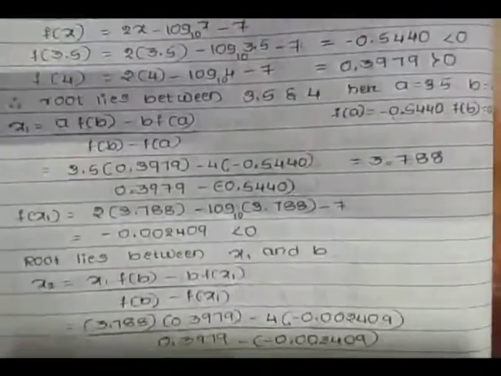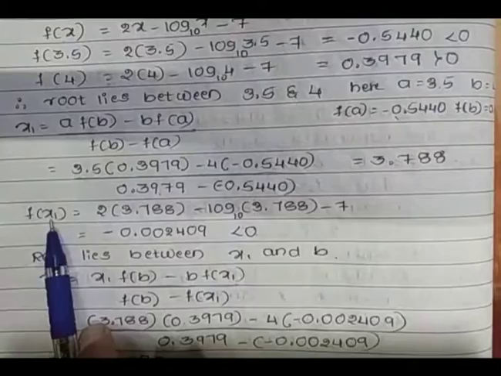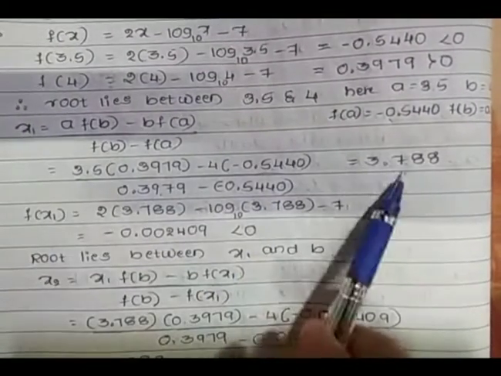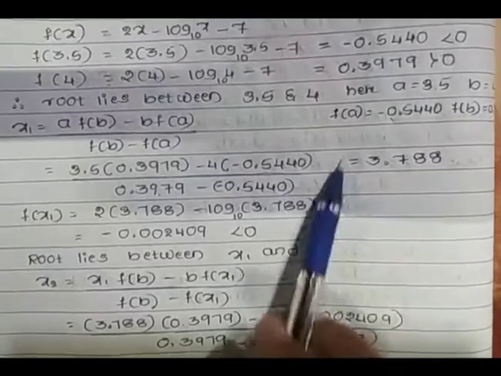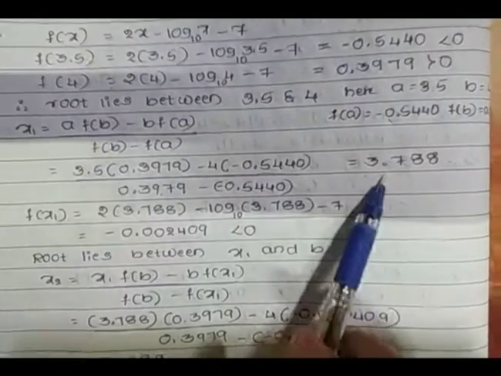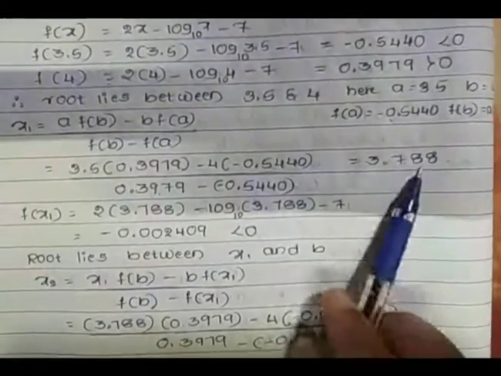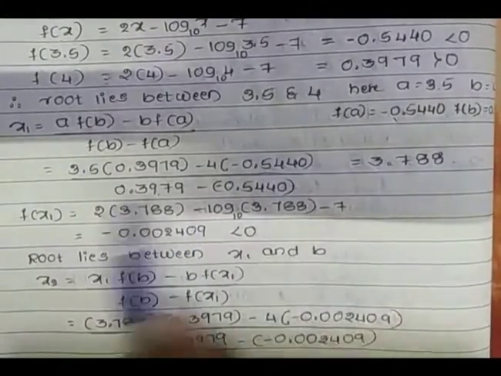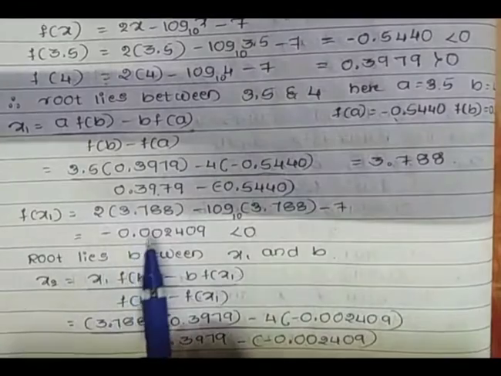So based on that, now that x1 is calculated, this x1 value we have to consider only. This x1 we have to consider only, that is 3.788. This x1 is giving us a negative answer. For x1, our f of x1 answer is negative.